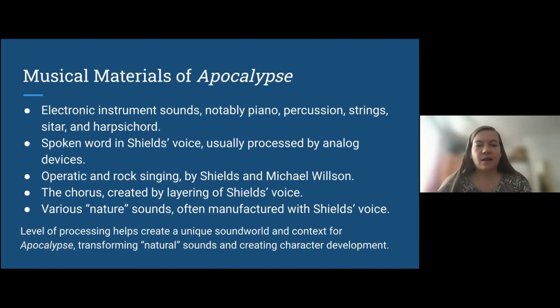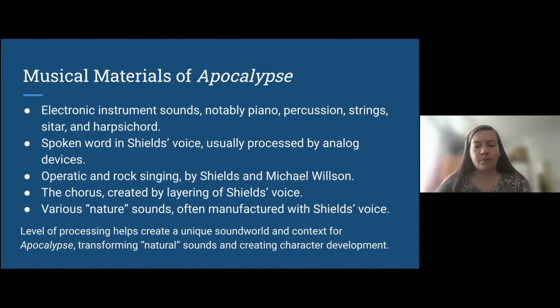So I'm going to discuss the musical materials in Apocalypse. As I mentioned before, we have these quite jarring electronic instrument sounds, which we can notably recognize as piano, percussion, strings, sitar, and harpsichord. We also have spoken word in Shields' voice, usually processed by analog devices. We have operatic and rock singing, as well as other singing styles by Shields and Michael Wilson.